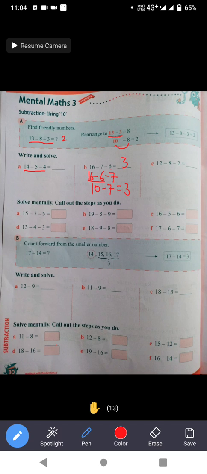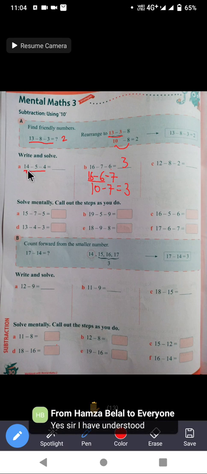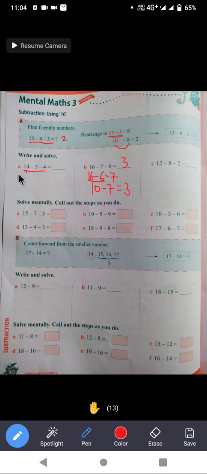To make it easy, we have to make 10. Okay, so which number will we subtract from 14 to make 10 first? If I subtract 5 from 14, I will not get 10, I will get only 9. If I subtract 4 from 14, I will get 10. Okay, so what I need is to make 10 first. So that's why I will take 4 first and then minus 5.